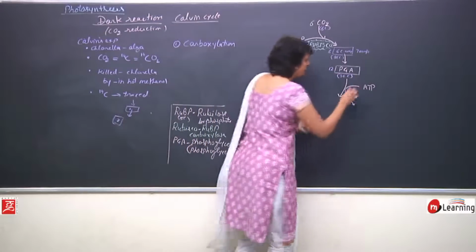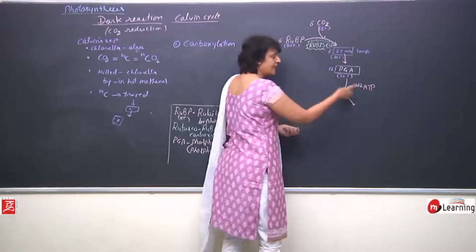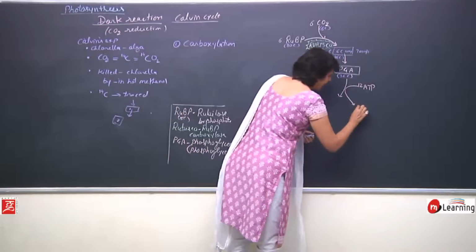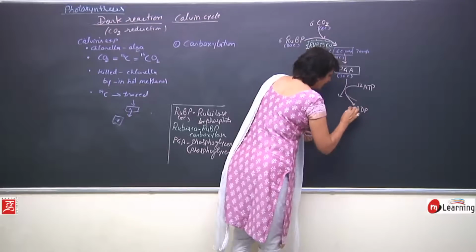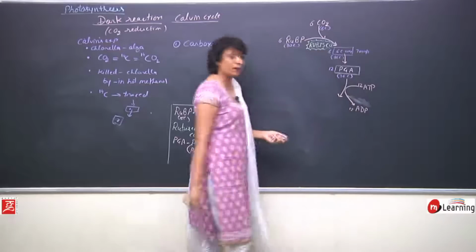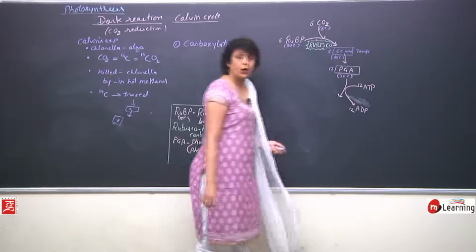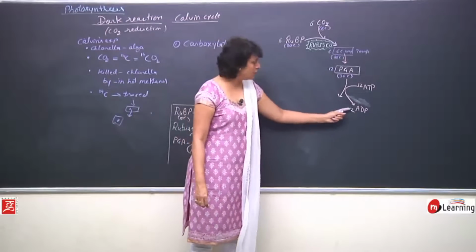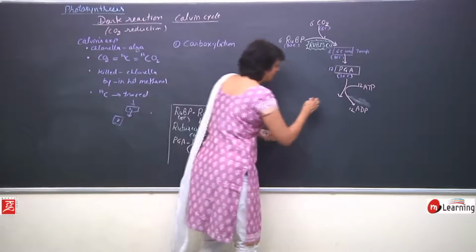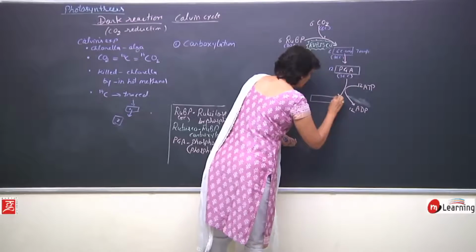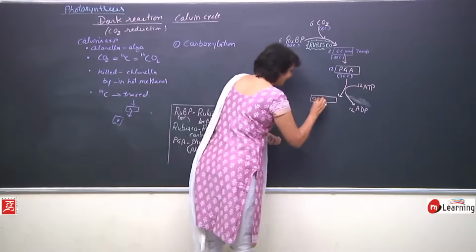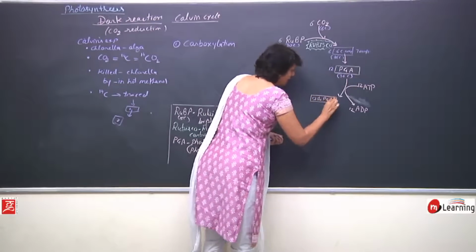So, how many ATPs should dissociate? There are 12 PGAs. So, 12 ATPs, each one will give one phosphorus to one acid, and we will get 12 ADP. So, 12 molecules of ATP will dissociate to give 12 ADP, and this PGA will change into 1,3-diPGA.